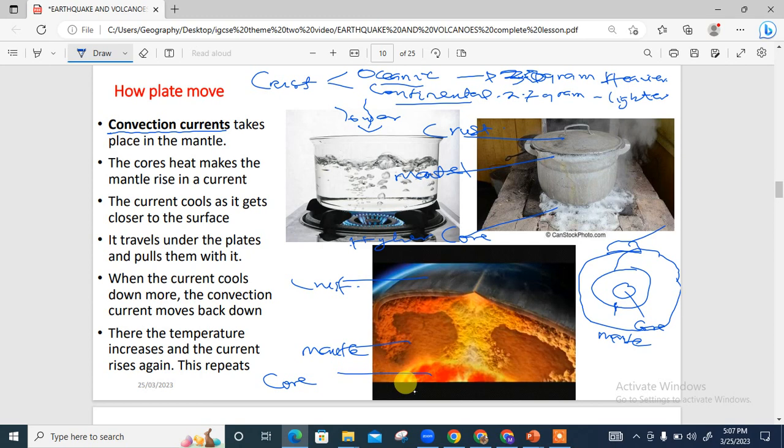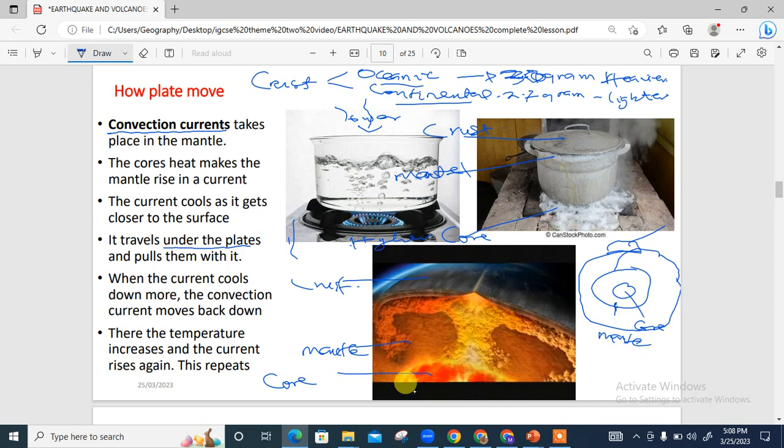It goes back down, gets heated, comes back up, cools, goes back down, gets heated, comes back up. That's why when you heat something, the water keeps boiling up, down, up, down. So the current cools as it gets closer to the surface and travels under. That is what is happening within the earth's crust.